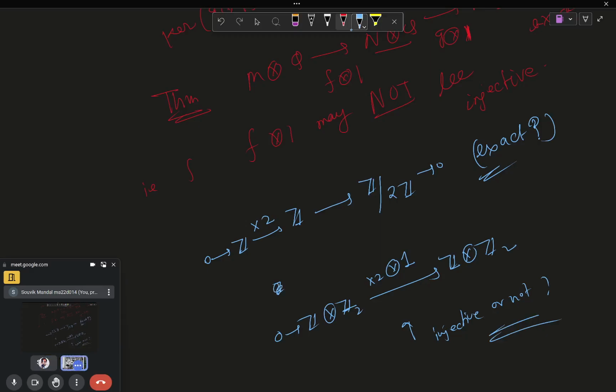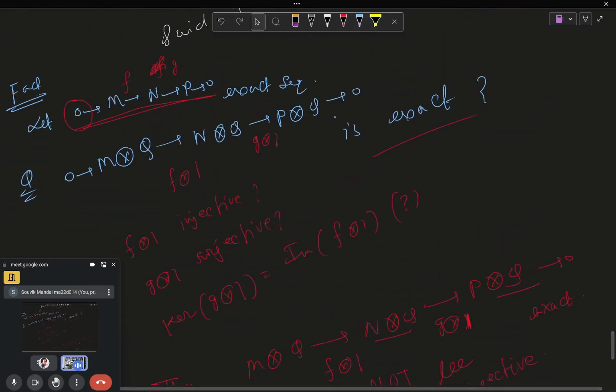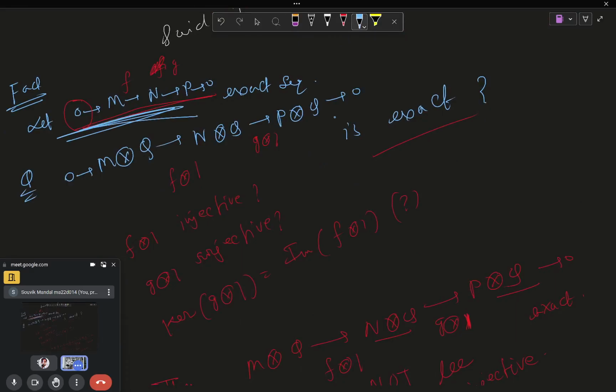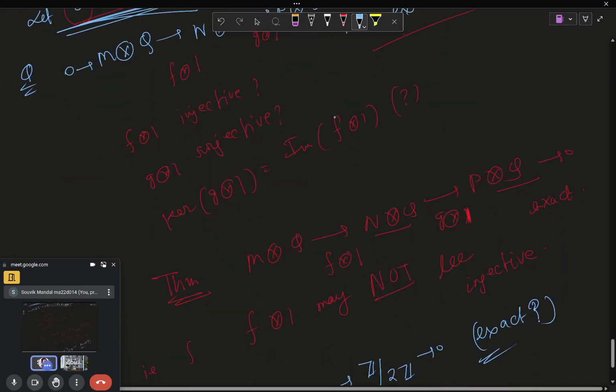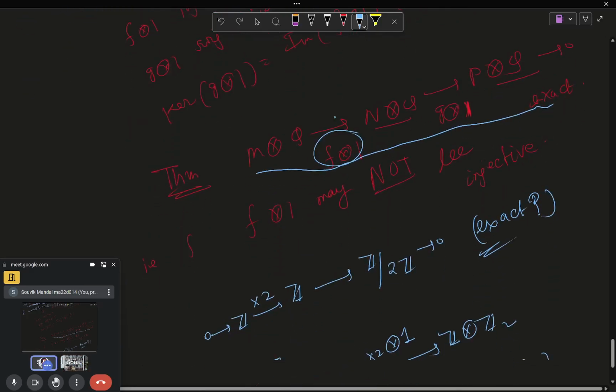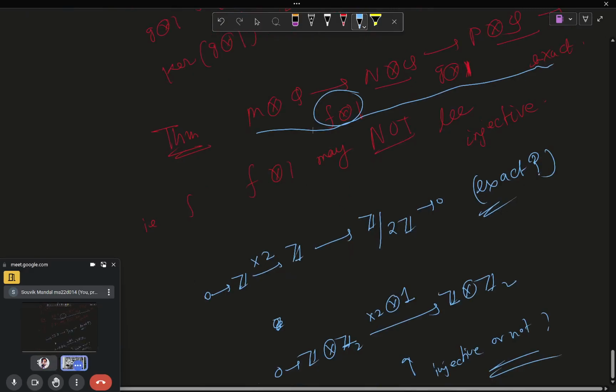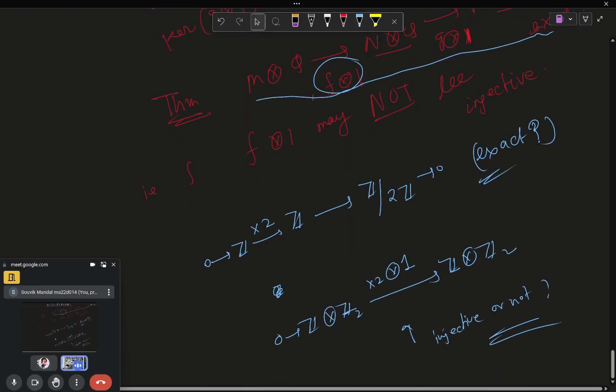Do you understand what I'm trying to do? If we have a given expression of this form, then only the last three parts will form an exact sequence. So F tensor 1 may not be injective, right? So now we are trying to get one example where F tensor 1 may not be an injective map.